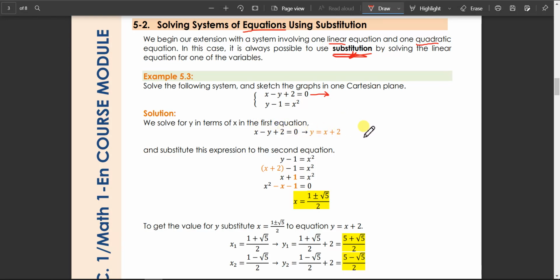So if you're wondering if x plus 2 is equal to y, kani silang duha, the same lang ba ni sila? Si y is equal to x plus 2 o si x plus 2 is equal to y? The answer is yes.